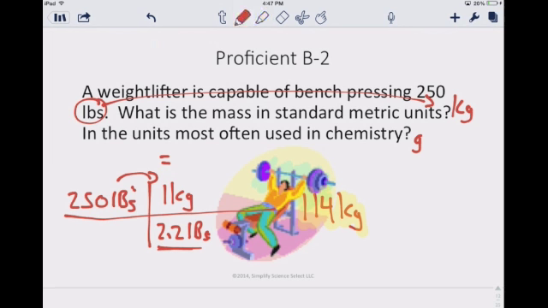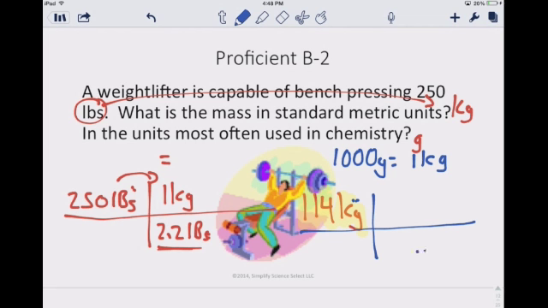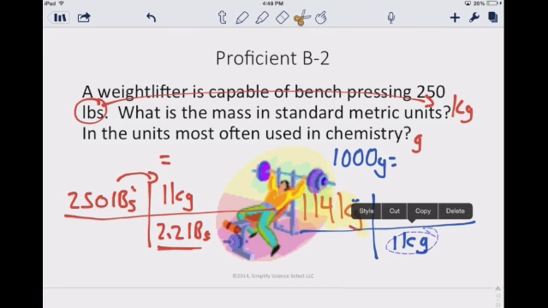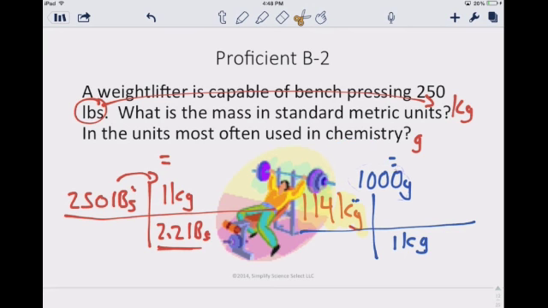If I want to take it to grams, we need another statement of equality. We know that a kilogram is 1,000 times greater than a gram, so it takes 1,000 grams to equal 1 kilogram. So we set it up. If kilograms is right here, we have to have kilograms there. So we take our 1 kilogram, put it on bottom, take the other part, put it on top.